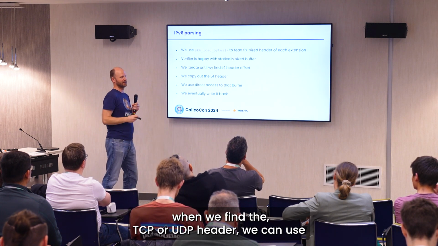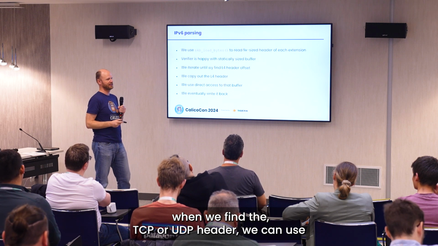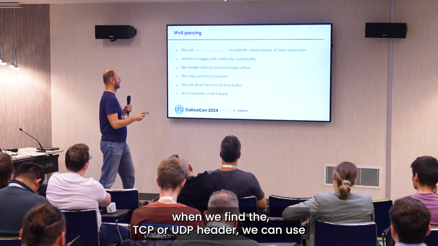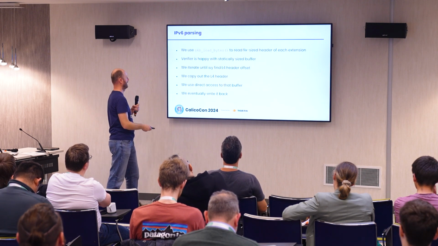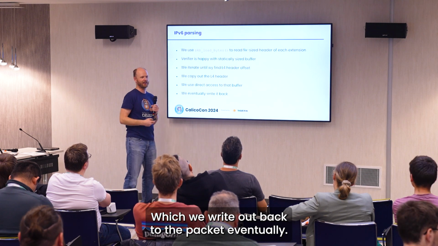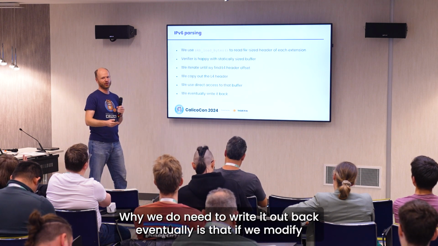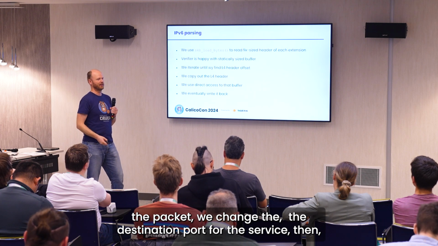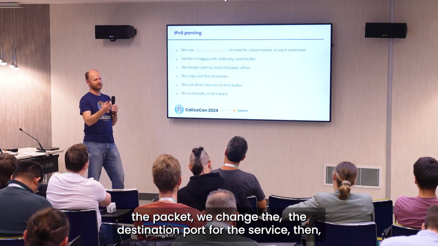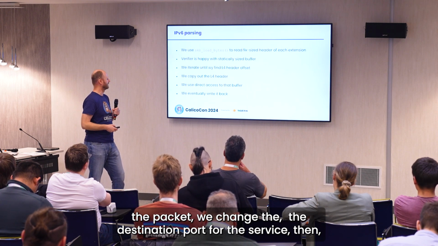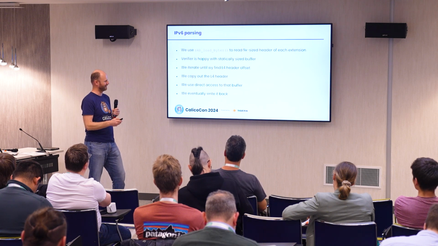When we find the TCP or UDP header, we can use direct access to that buffer, which we write back to the packet eventually. We need to write it back because if we modify the packet, for example change the destination port for the service, then the packet needs to be updated.